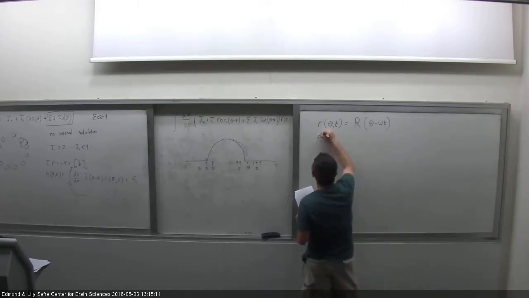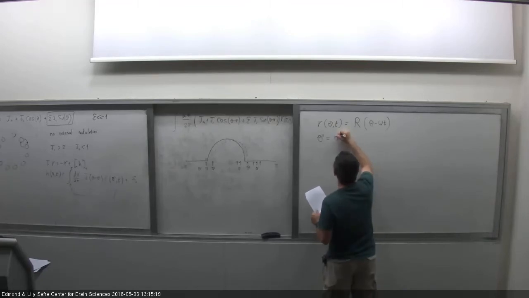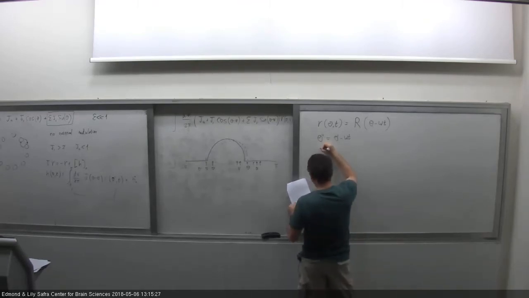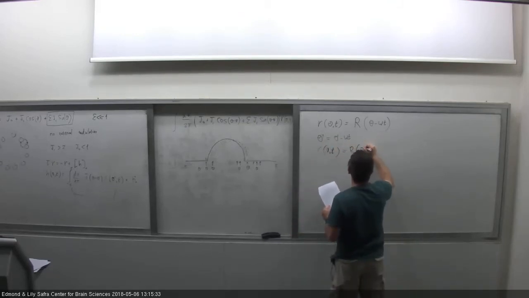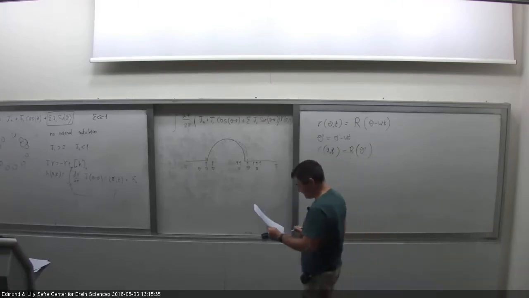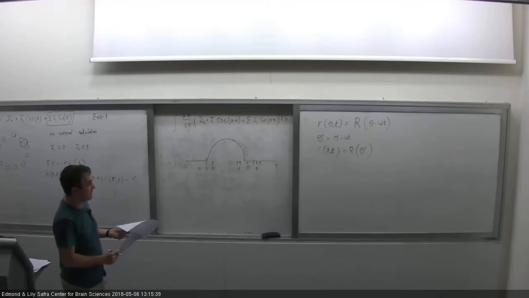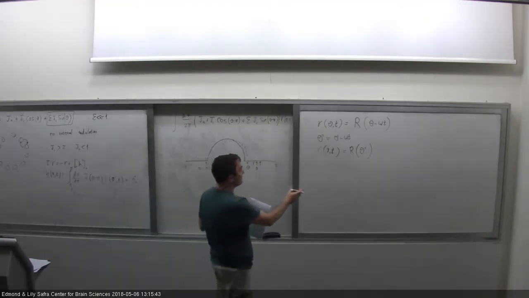I'm going to use this variable theta prime, which is equal to theta minus wt. And then r of theta and t is equal to r of theta prime. I'm going to guess this solution and show that indeed it solves the set of equations.